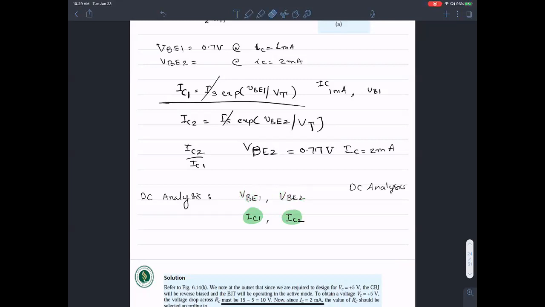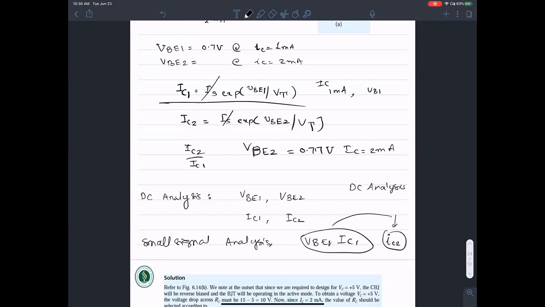Sometimes when you're doing the AC analysis, small signal analysis, which I'll talk about shortly, what you typically do is you hold VBE, the IC1, the operating point, constant. And then when you're calculating IC2, a small change in IC1, you don't have to calculate VBE2. So for small signal analysis, you can approximate VBE to be 0.7 or the operating condition.